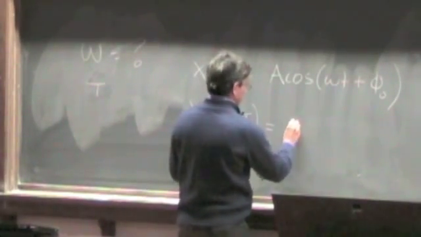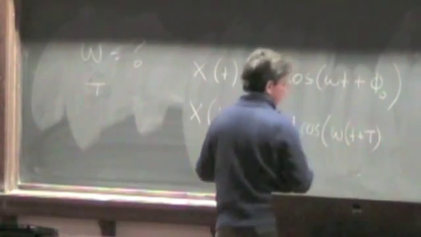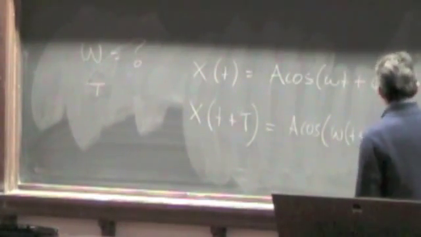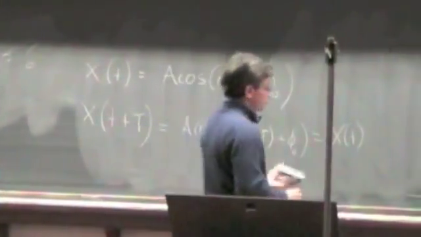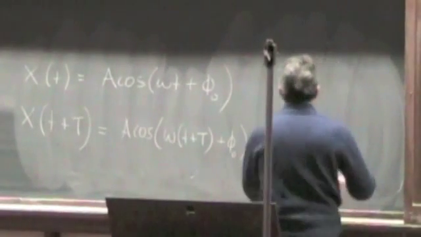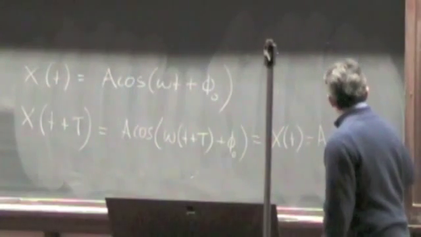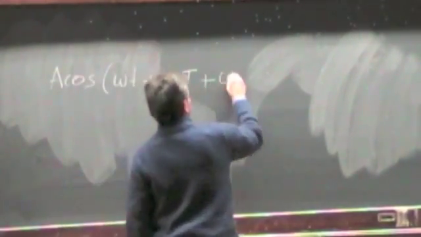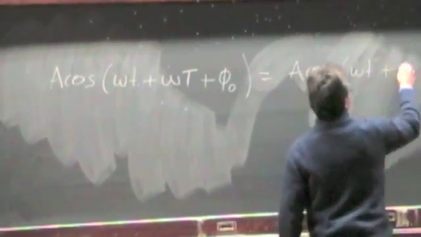So a cosine of omega t plus capital T plus phi 0 should be equal to the previous location of the particle, a period T before that. So that is a cosine omega t plus phi 0.